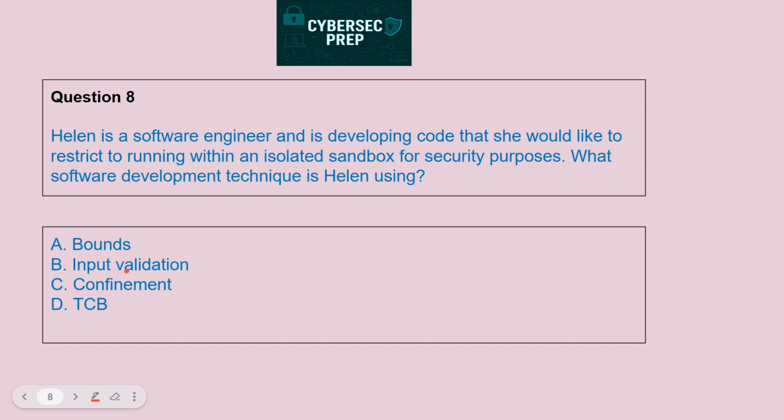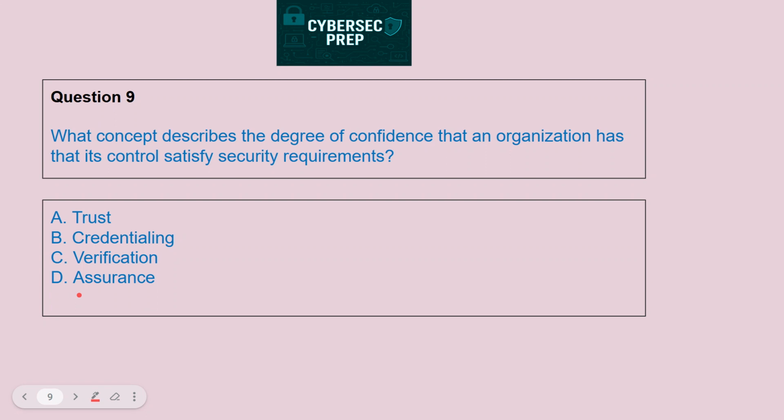Well, as you must have read in your preparation for the CISSP, using a sandbox is an example of confinement where the system restricts the access of a particular process to limit its ability to affect the other processes running on the same system. So, looking at these options, the best option is confinement, and it is the right answer. Moving on to the next question, question number 9.